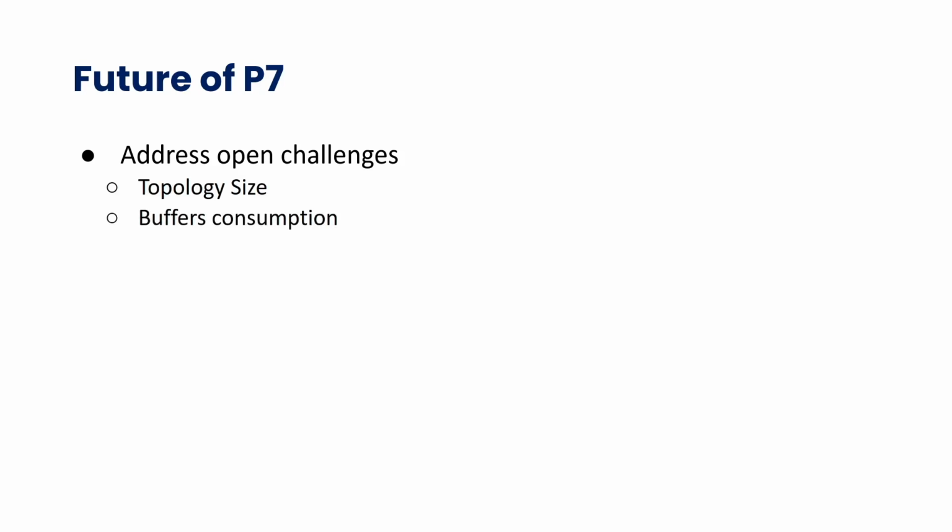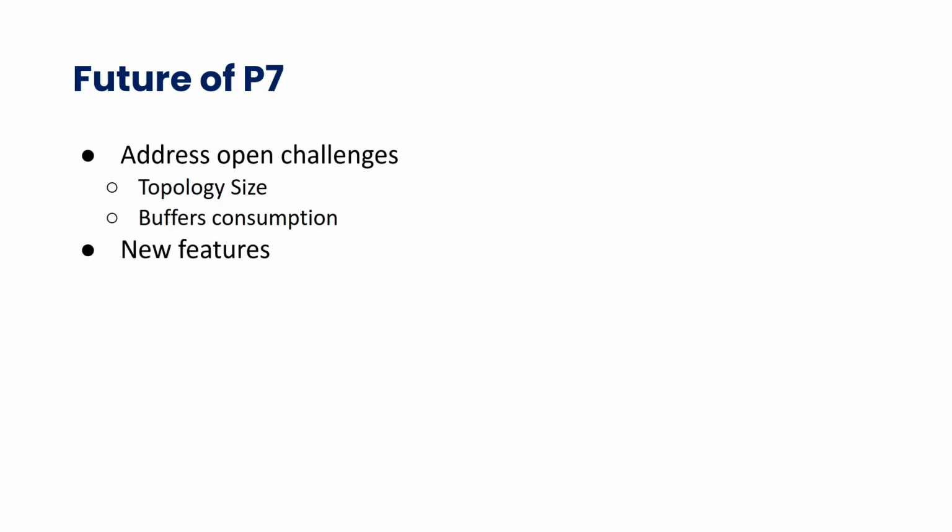Now let's talk about the future of P7. What we expect is to address open challenges, like the fidelity of the emulation of the metrics, like the bandwidth, the jitter, the packet loss, the topology size, the buffer consumption.